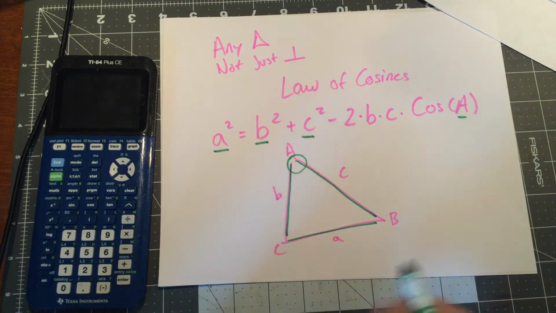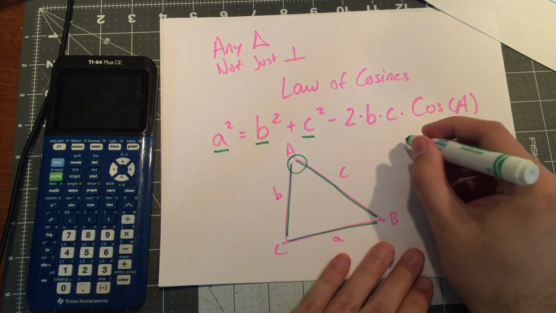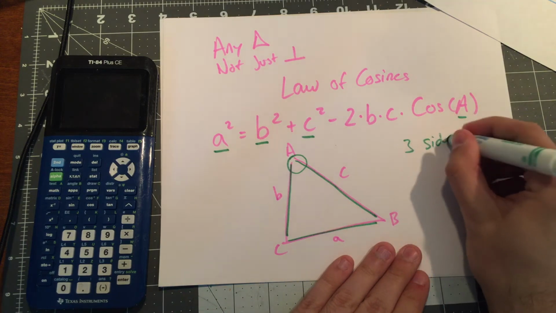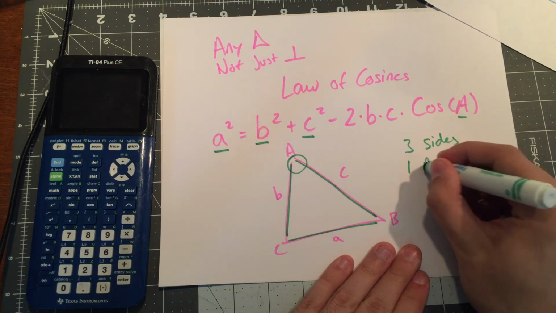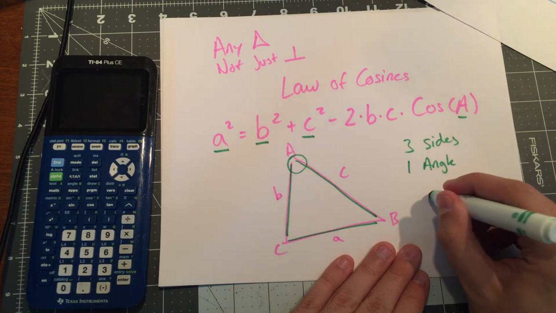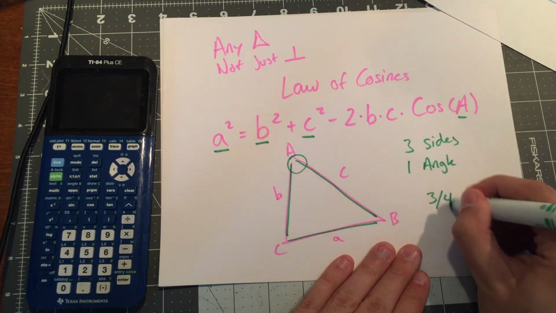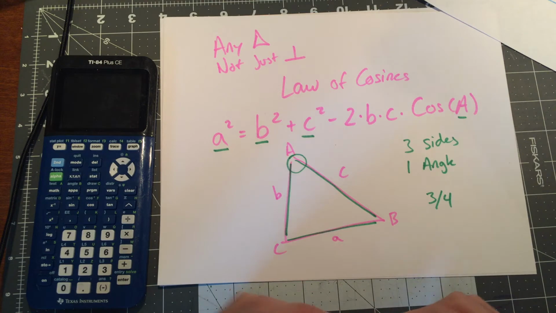We actually don't have all four of those. We have three of those four, and we're looking for the fourth. We want three out of those four in order to find the fourth one.